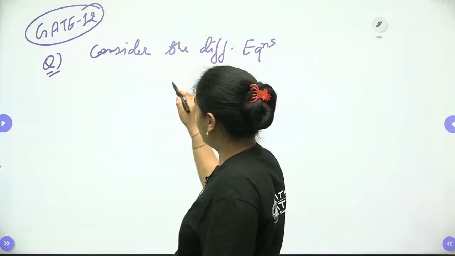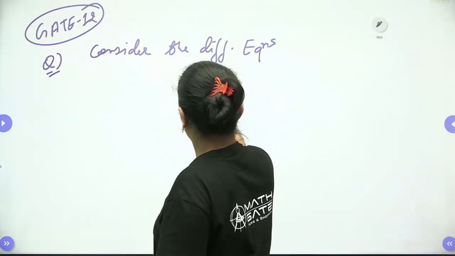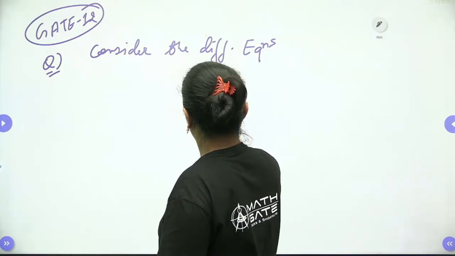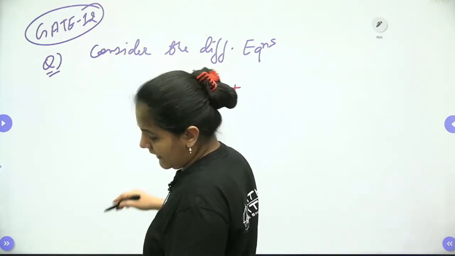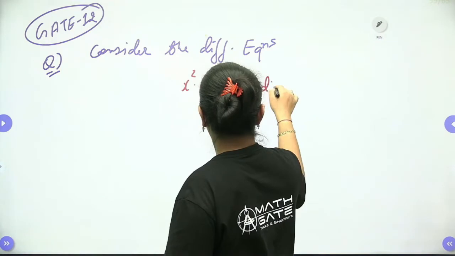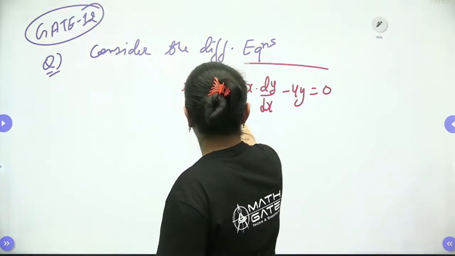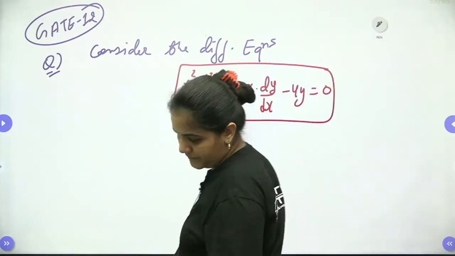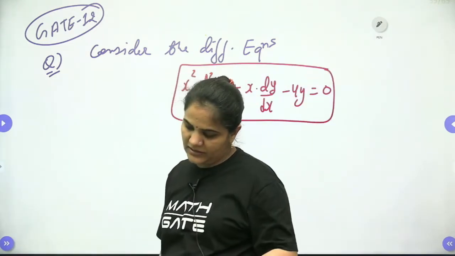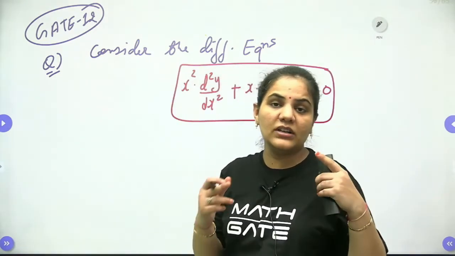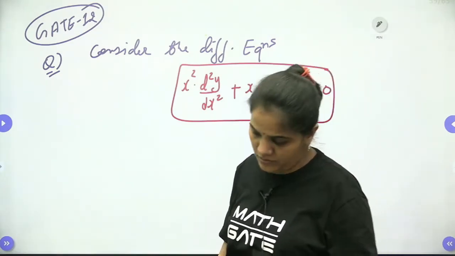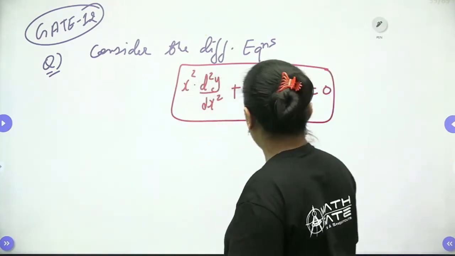x square d2y by dx2 plus x dy by dx minus 4y is equal to 0. We have this equation with the boundary conditions, so that we can find the value of the constants also.